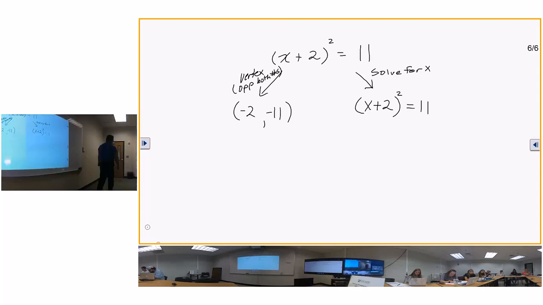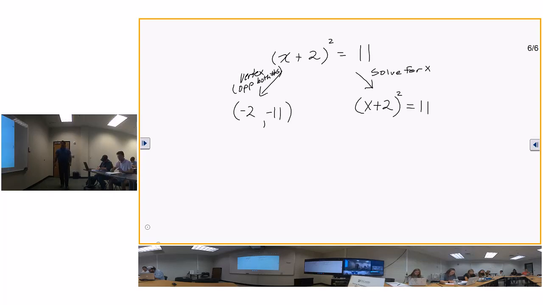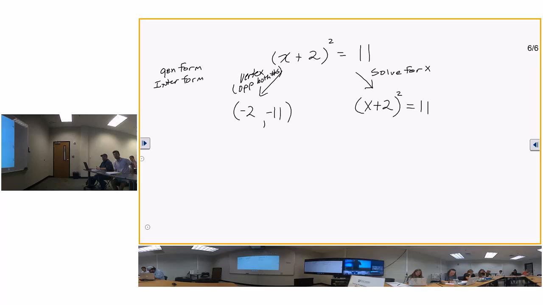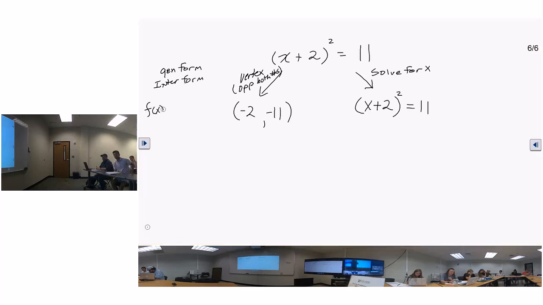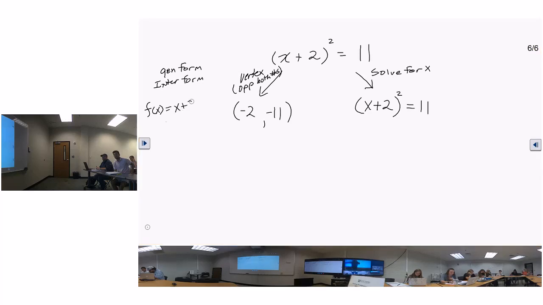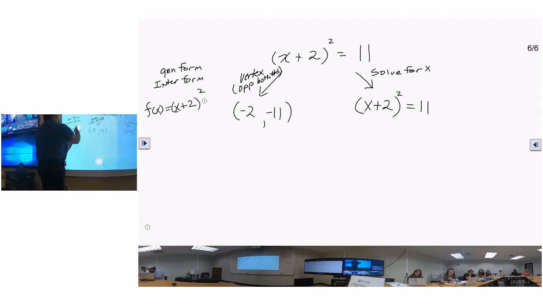Now, I will tell you for your information that there are sometimes directions to tell you to put it in general form or intercept form. And if they ask you to do that, you put an f of x in front of the equation and you bring the 11 back over, and it's x plus 2 quantity squared minus 11.